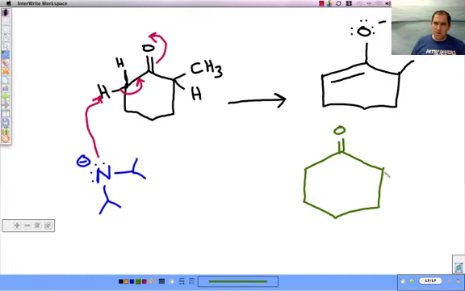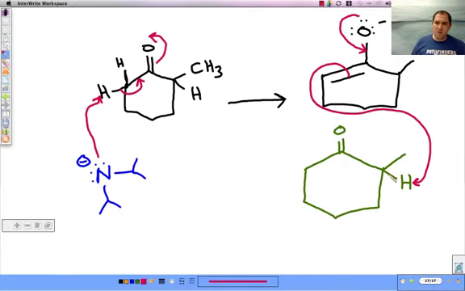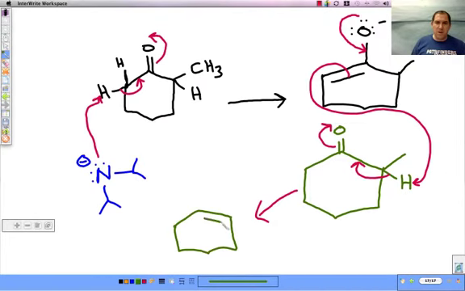And here's our CH3, and I'm going to put the H here. So the enolate can now deprotonate the excess ketone to give us our thermodynamic enolate.